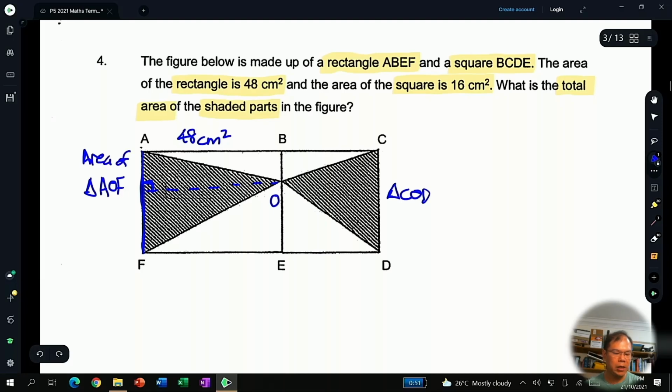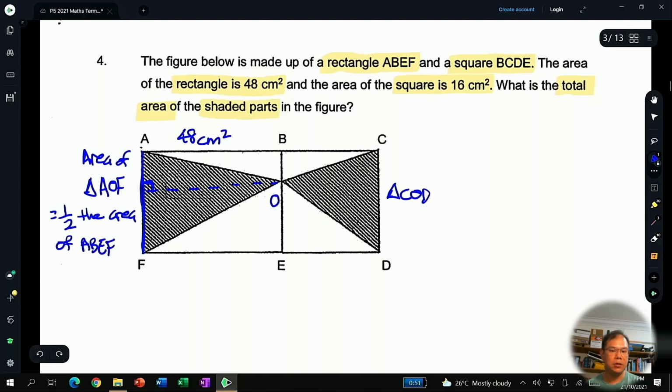the area of triangle AOF, which shares one of the breadths of the rectangle, and the height extends all the way across the length of the rectangle, it will be half the area of the rectangle ABEF.